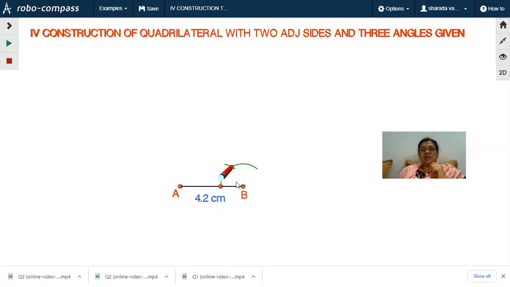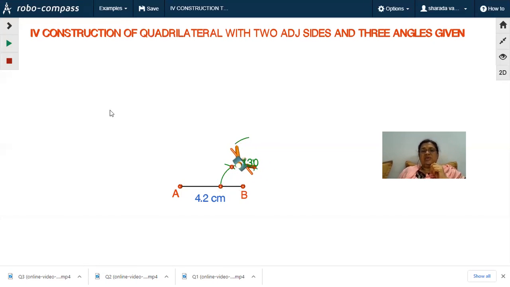When you draw one arc, the angle made will be 60 degrees. And when you draw one more arc, the angle will be again 60. So the total angle from here to here will be 60 plus 60, that is 120 degrees. Now you have to bisect this angle.